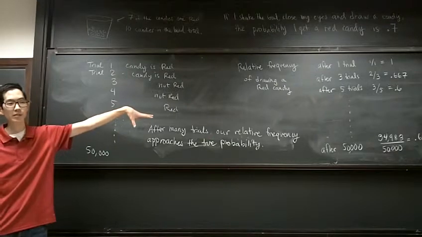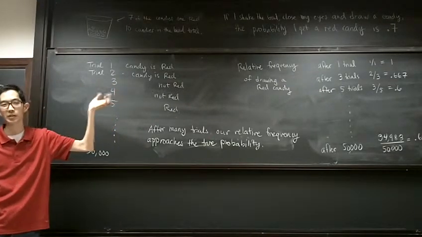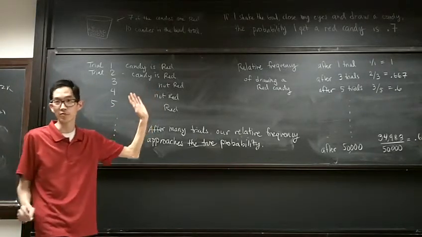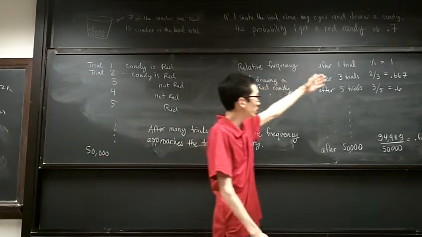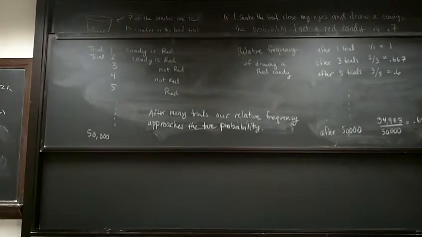These relative frequencies, there's another word for it. We call these empirical probabilities. Empirical meaning based on evidence or based on observation. So these are what we've done from observation.